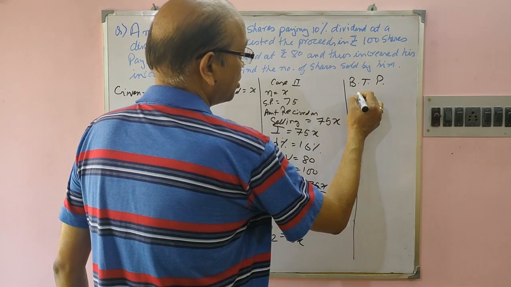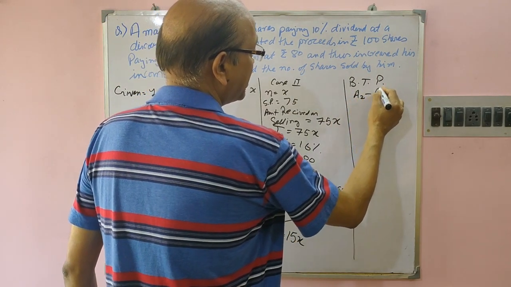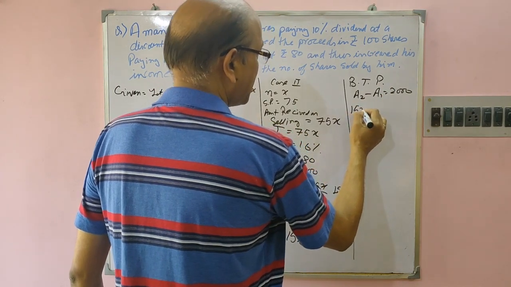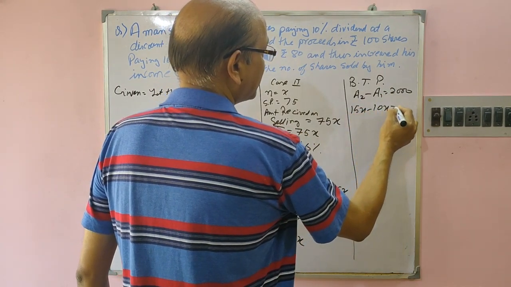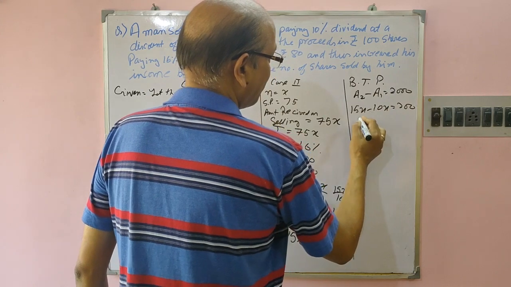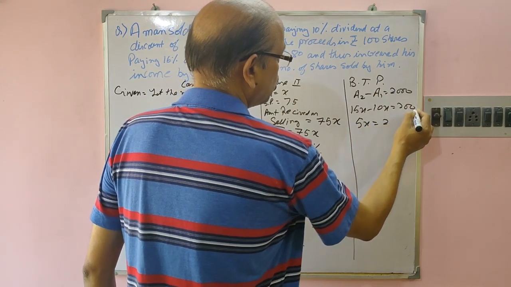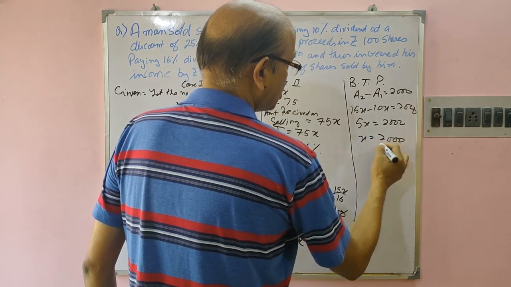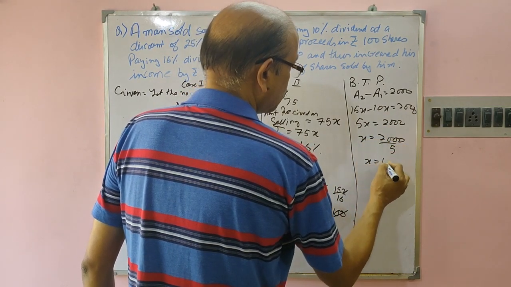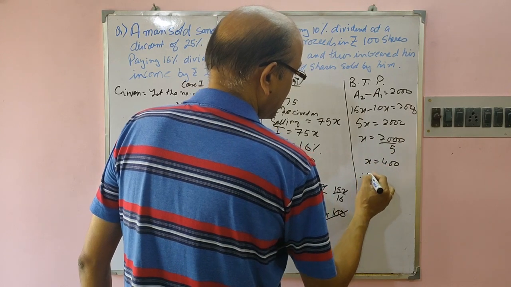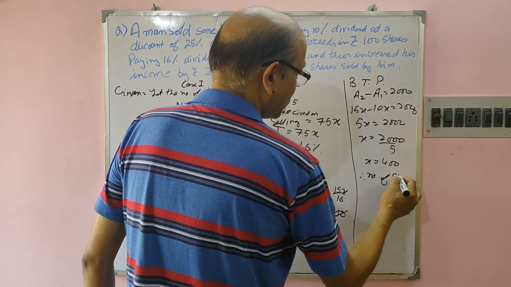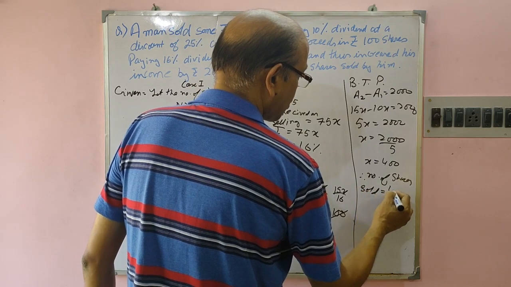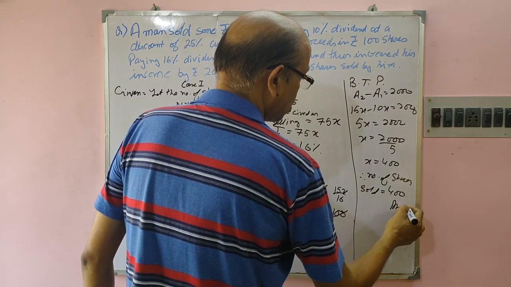Therefore, by the problem, A2 minus A1 is 2000. 15x minus 10x is 2000. 5x is 2000. X equals 2000 by 5. X equals 400. Therefore, the number of shares sold is 400. This is your answer.